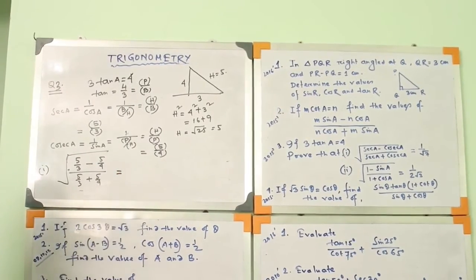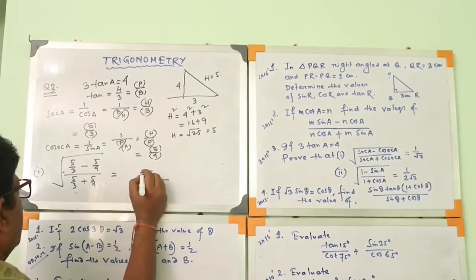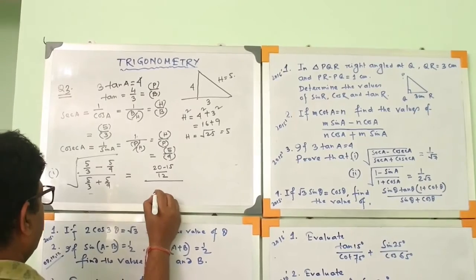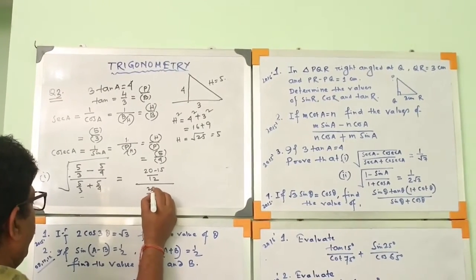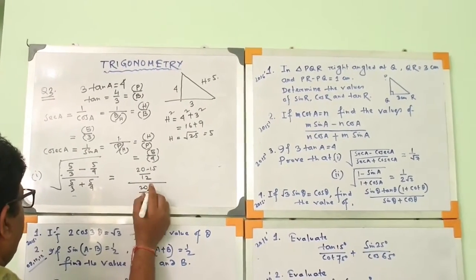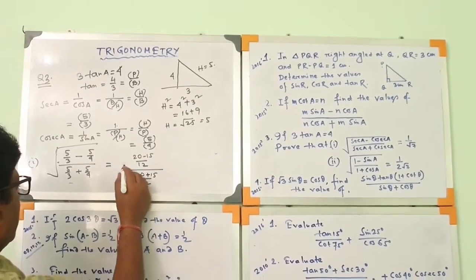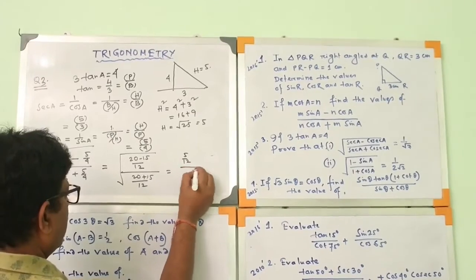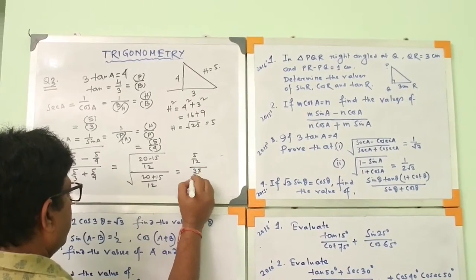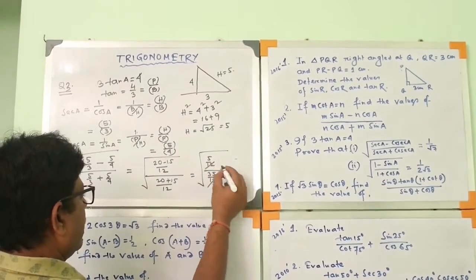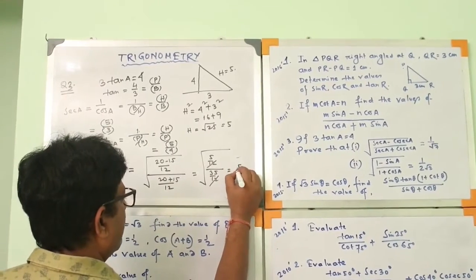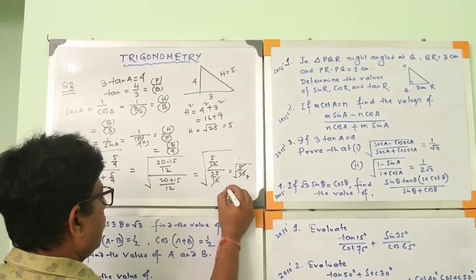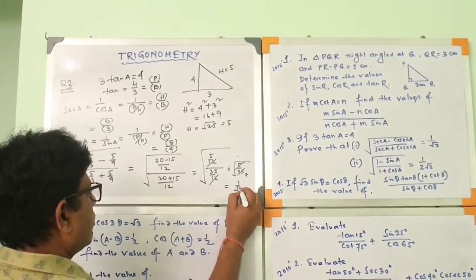So the value will be (20 minus 15) by 12, equal to (20 plus 15) by 12. That is equal to 5 by 12, 35 by 12, 12 cancels. That means 5 by 35, 5 sevens are 35. That means 1 by square root of 7.